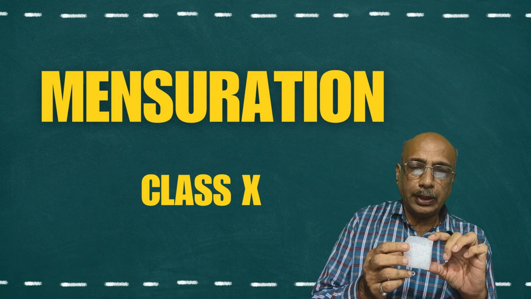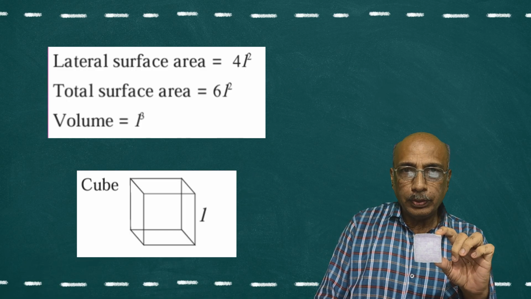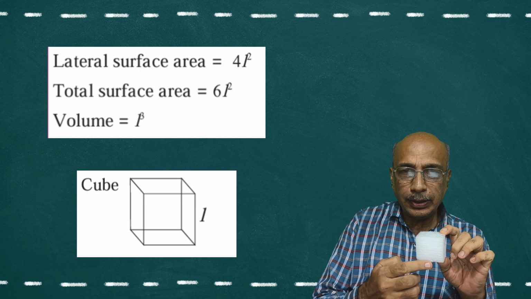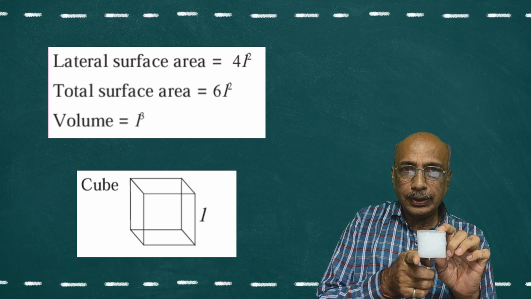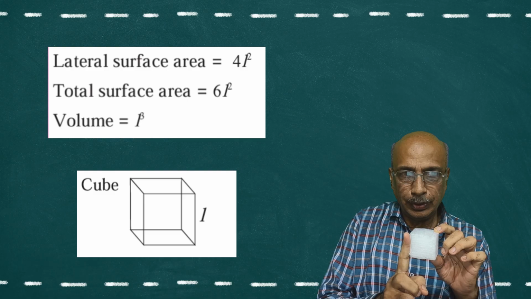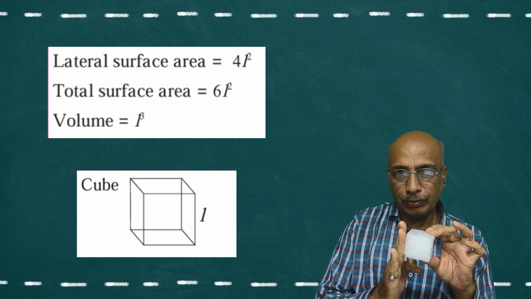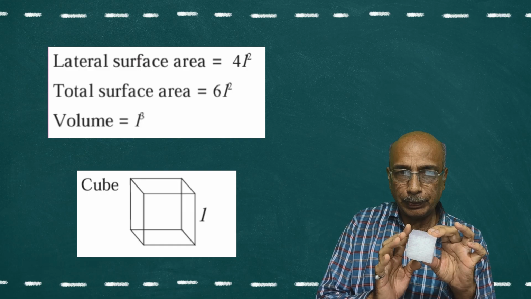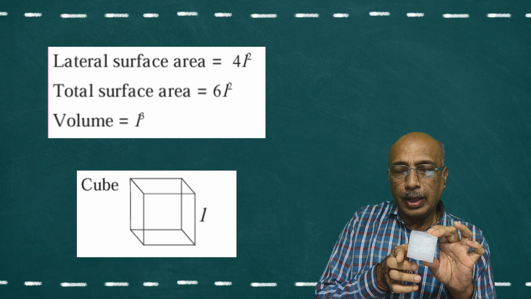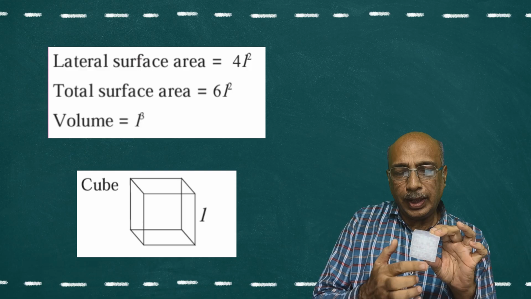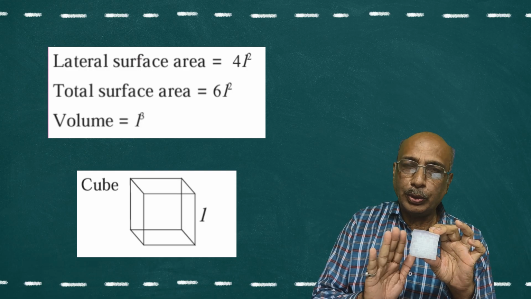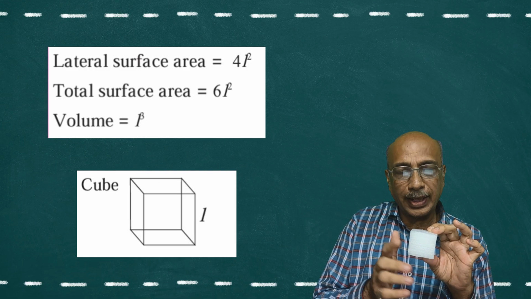Next three-dimensional object is cube, whose length, breadth and height are equal. So lateral surface area or vertical surface area of this will be what? All length, breadth and height equal to L only because they are same.